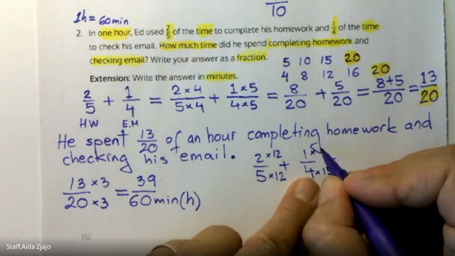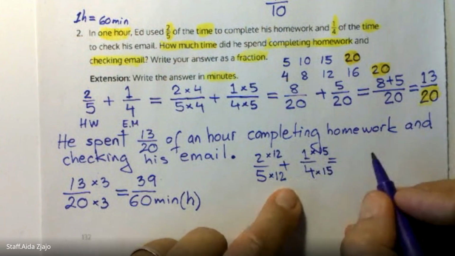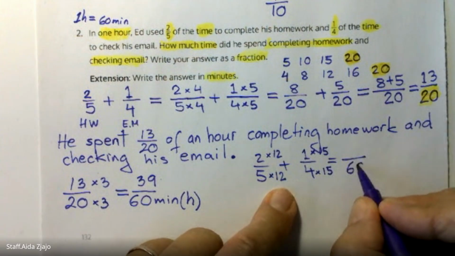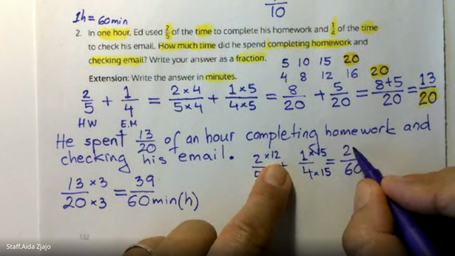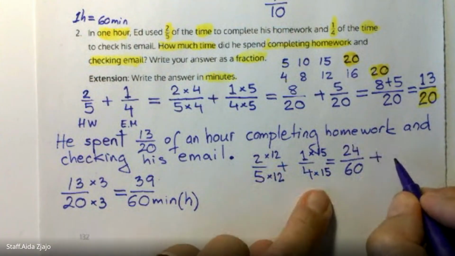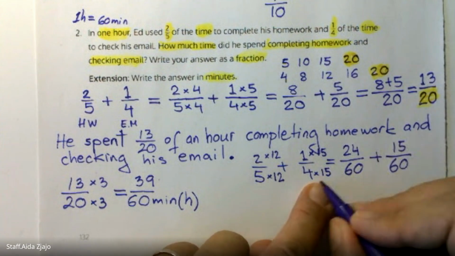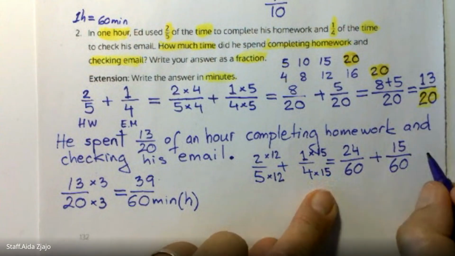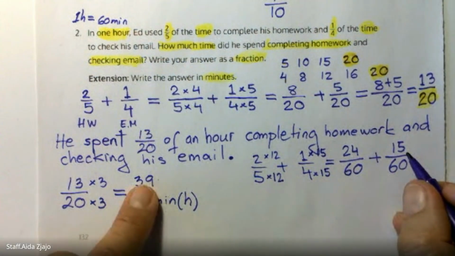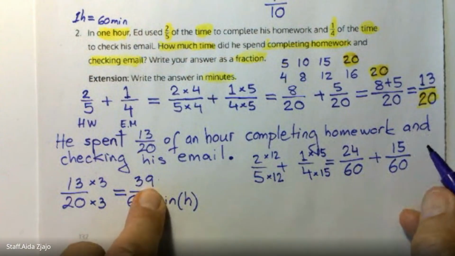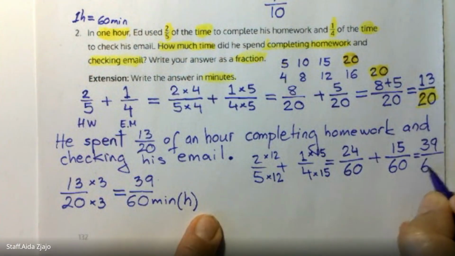So I can do that as well because I know that I have to make it out of 60 minutes. So that means 2 times 12 is 24, plus this is 15 out of 60 minutes. And together, 24 plus 15 becomes 39 minutes. So that equals 39 minutes out of 60.